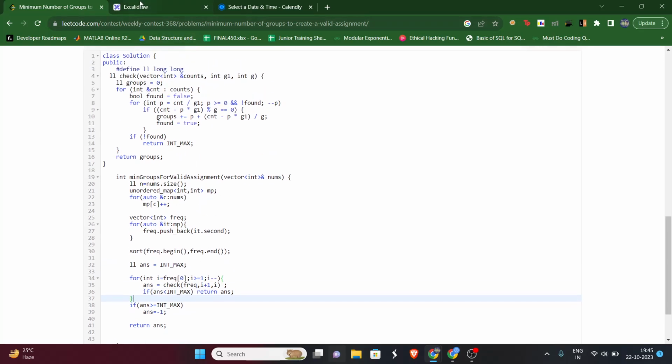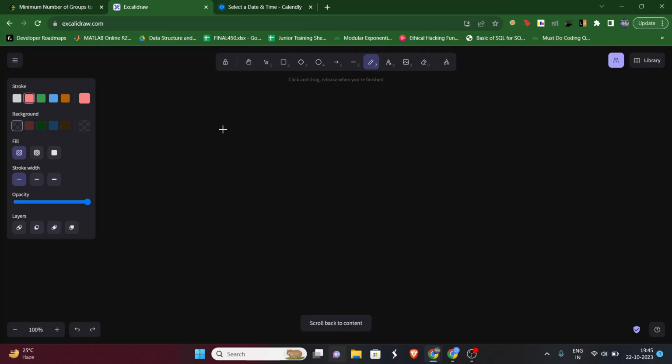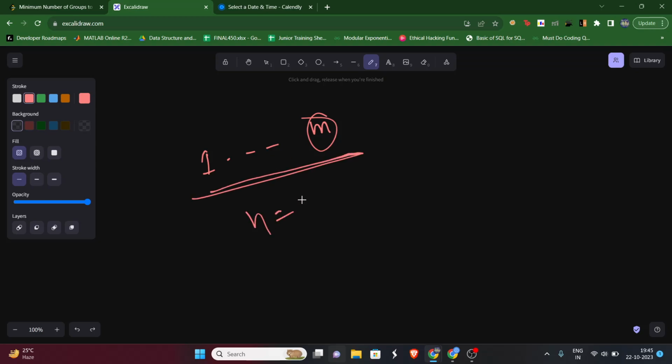Now how will this work, or why will this work? So let's say we'll run a loop from 1 till the minimum frequency, let's say m. Now we know that at max n is 10 to the power 5, and we know that the minimum frequency we are taking is m.